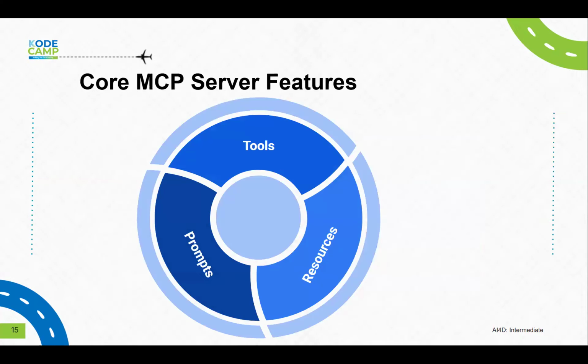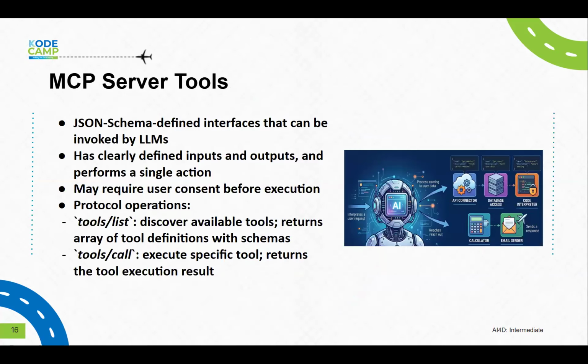Okay, so right. Then I talked about the core features of MCP servers, and I mentioned that they provide tools, prompts, and resources, and we're about to start talking about MCP server tools. So an MCP server tool is just like the LangChain tool that we looked at on Tuesday.